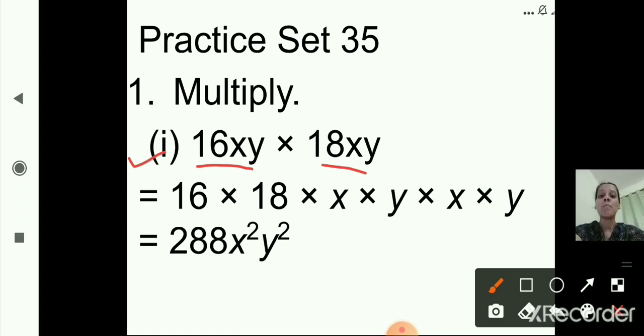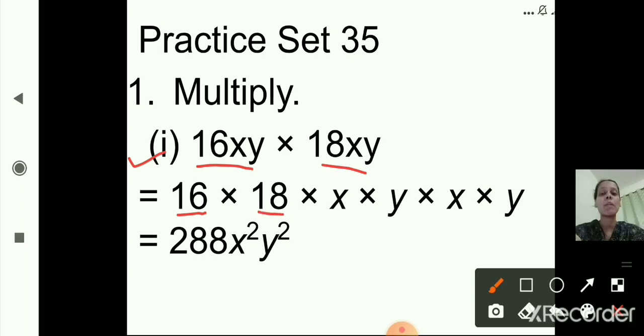Multiplying a monomial by a monomial, there is one rule. First we will multiply the coefficients, then we will multiply the variables. In 16xy, the coefficient is 16 and the variables are x and y. In 18xy, 18 is the coefficient and xy are the variables.